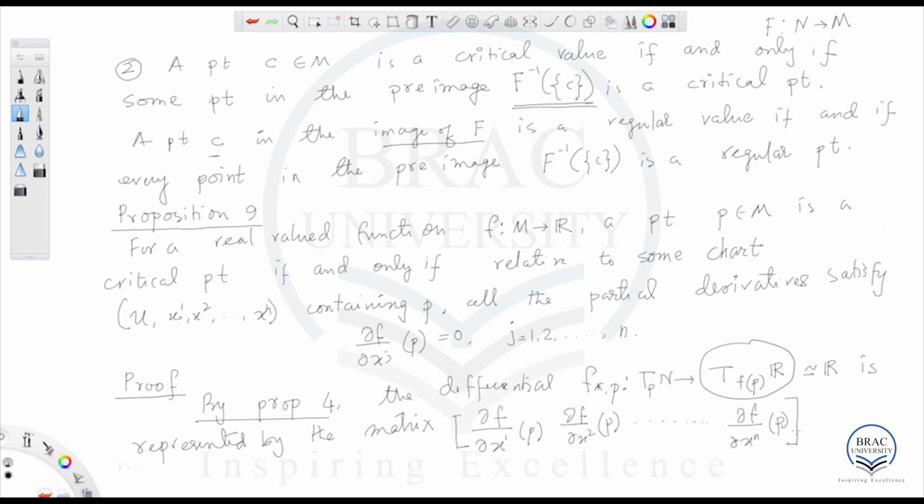It is just a row vector containing n entries.